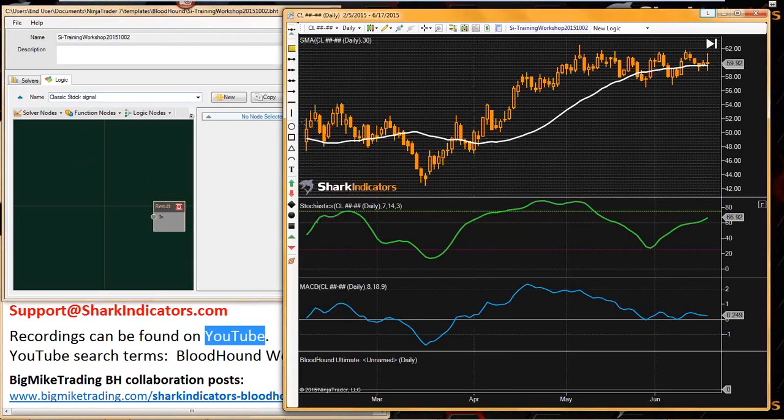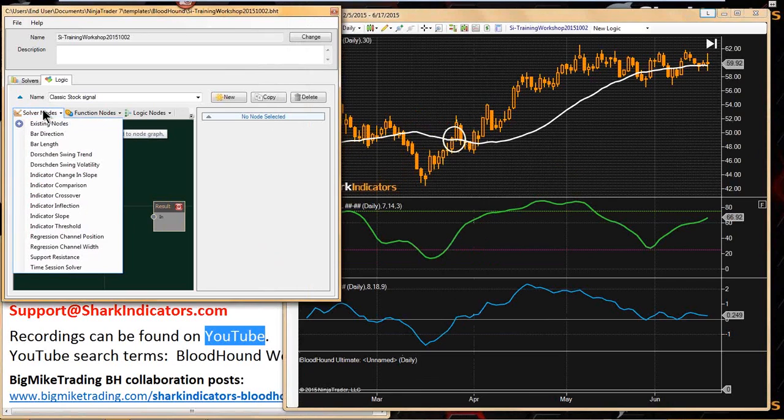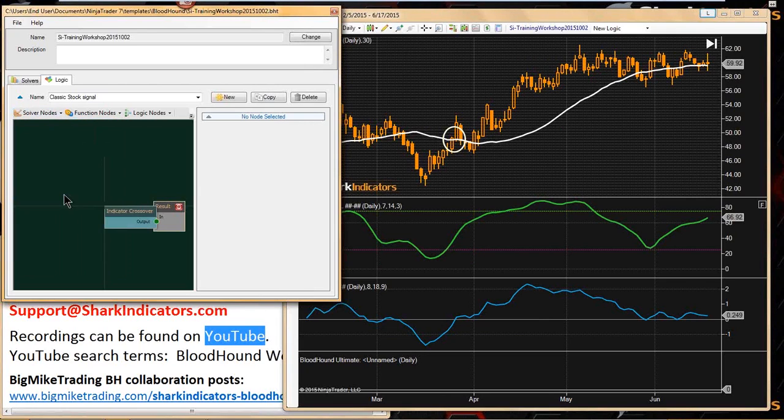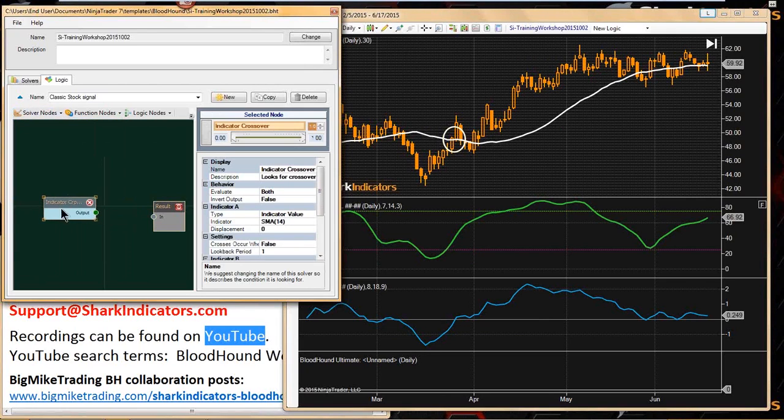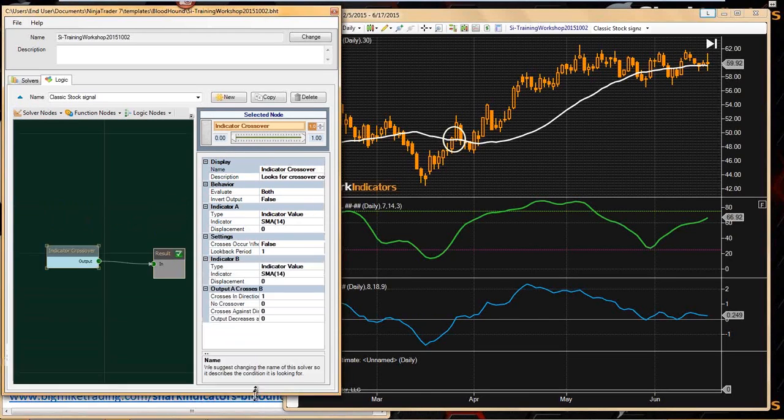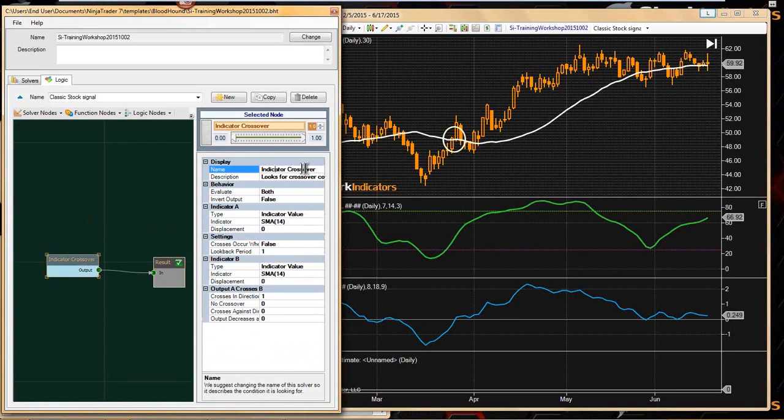Alright, so the first condition I'll build is price crossing that moving average. And there we go, there's our crossover. So grab the crossover solver. Now I need to set this up.